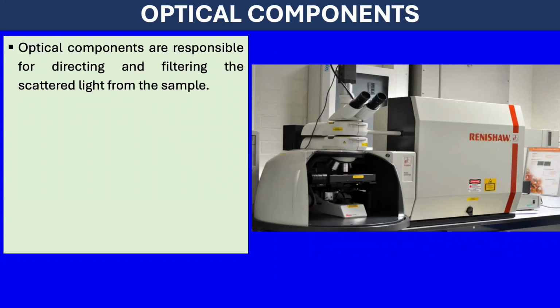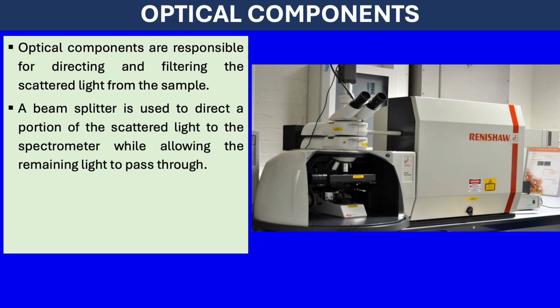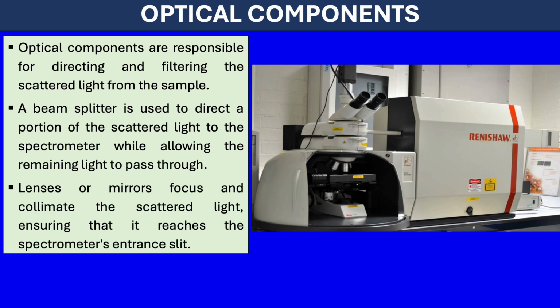The optical components, which are an important part of a Raman spectrometer, are responsible for directing and filtering the scattered light from the sample. A beam splitter is generally used to direct a portion of the scattered light to the spectrometer while allowing the remaining light to pass through.